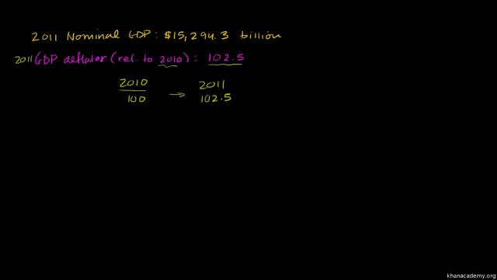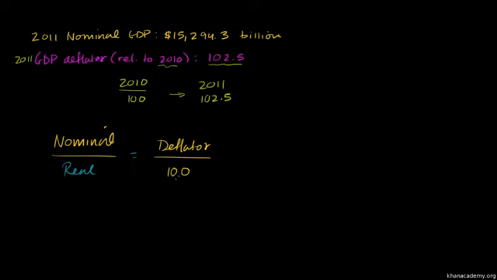To do that, we just have to remember that the ratio between our nominal GDP and our real GDP is going to be the ratio of current dollars versus 2010 dollars, or another way of viewing it, the ratio between our deflator, which is 102.5, and 100. You could view 100 as the deflator in 2010, where we're just setting that level of prices to be 100. Our prices now are 102.5.